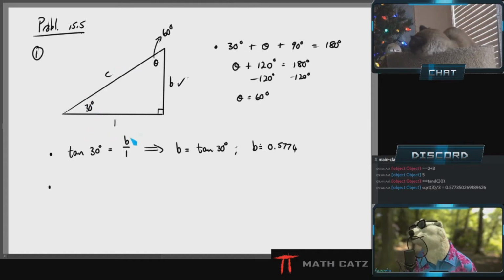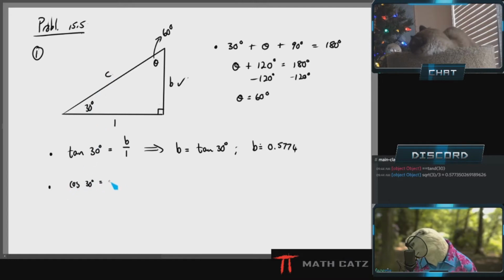You have two choices to find C. I prefer to use as many of the existing information, the original information, as I can. So I'll do a similar thing with the 30 degrees and the one side length and C. But I do have options that I'll mention in a second.